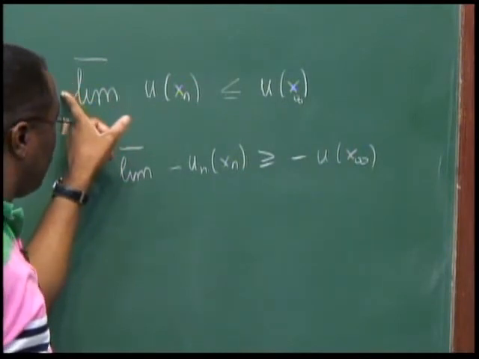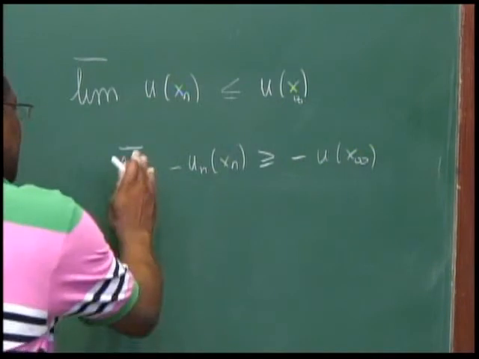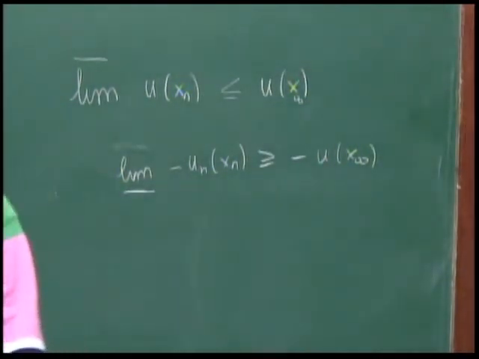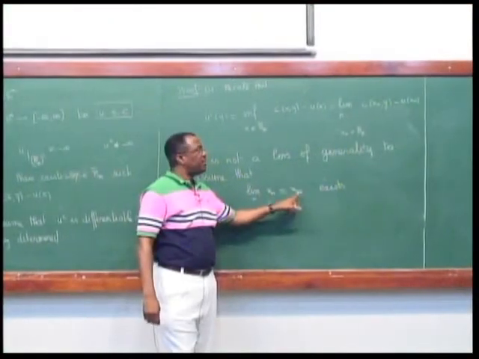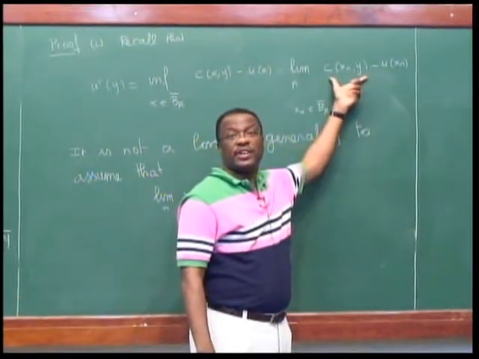And when I put the negative inside, the lim sup becomes lim inf. Sn converges to S infinity. C is continuous. Therefore, this is convergent.